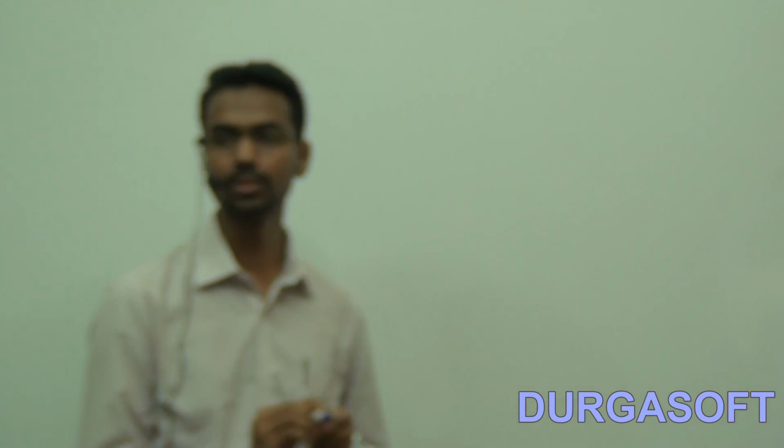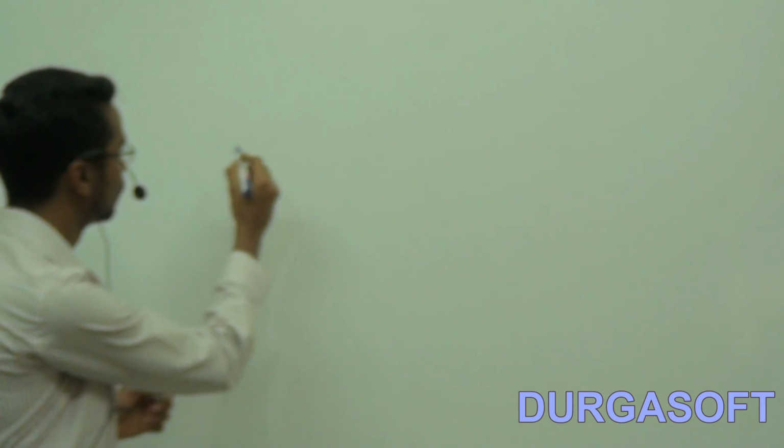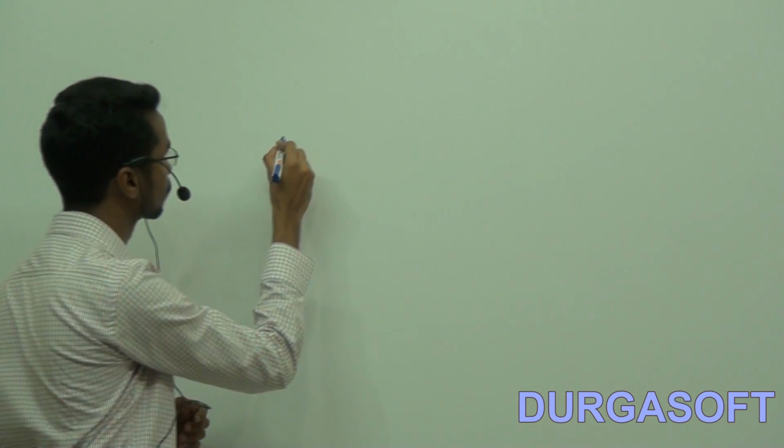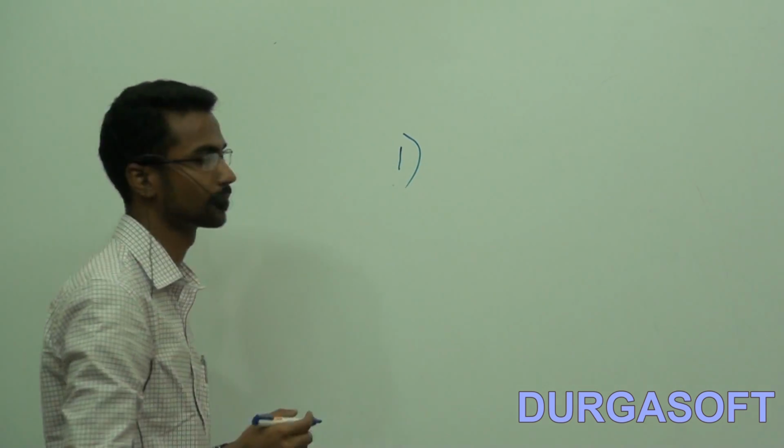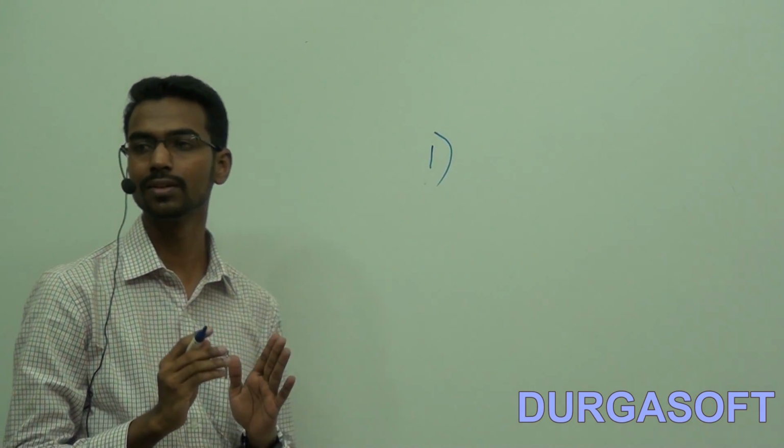Okay? But there are certain points which we can keep in mind. There are certain shortcuts, 1 or 2 shortcuts, which I'll tell you now. Okay? So first thing, what is the first thing you have to do?